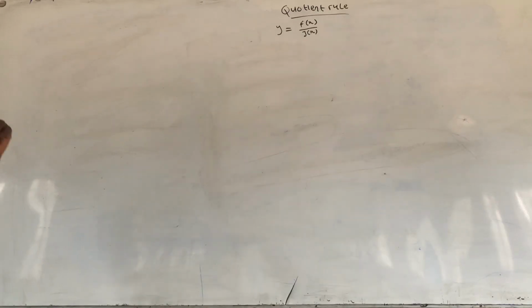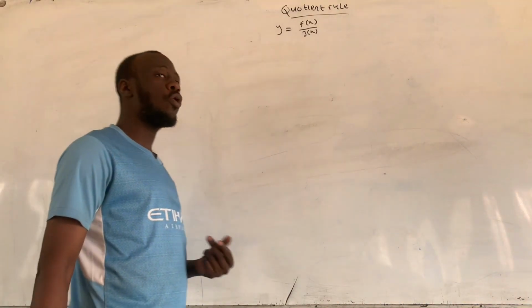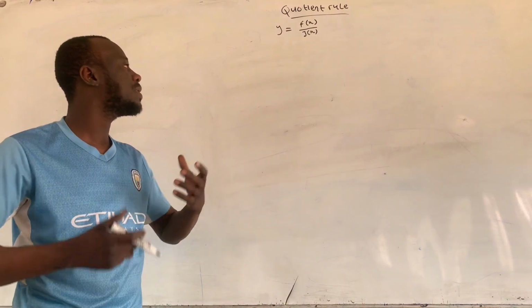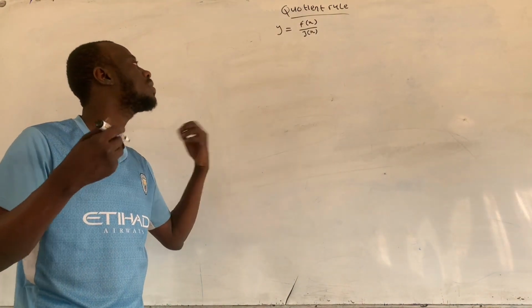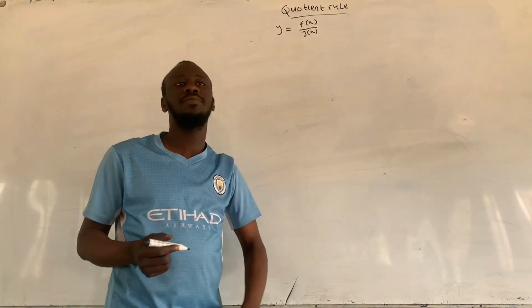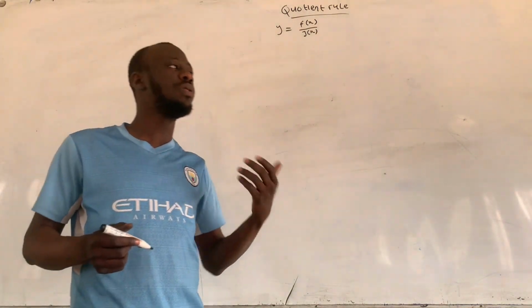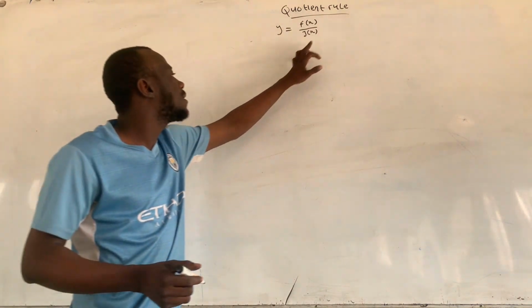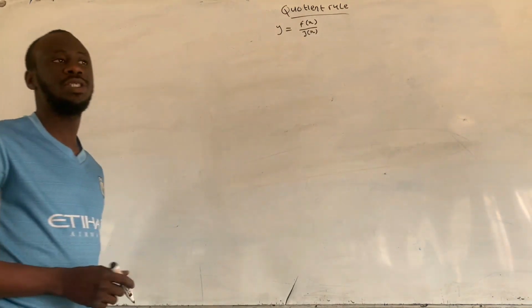So now, the second one is the quotient rule. The difference between the quotient rule and the product rule is that the quotient involves division, while the product is multiplication between two terms, two functions. The quotient is division between two functions.